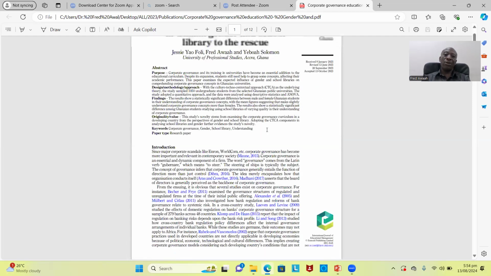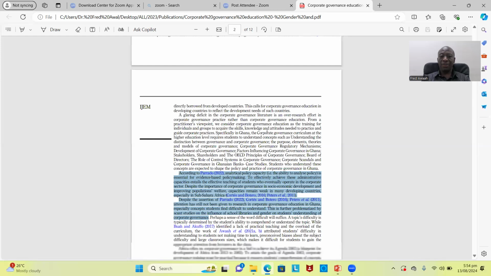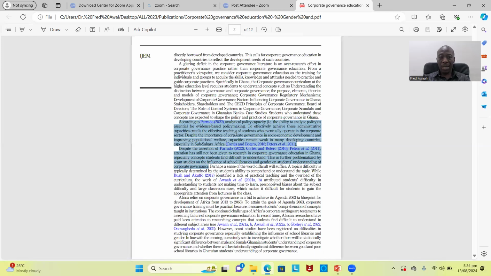So clearly you would see the abstract, the introduction, but for today, what we are looking at is the problem statement or the gap. And this is how we went about it using the parameters that we saw in the previous slide.